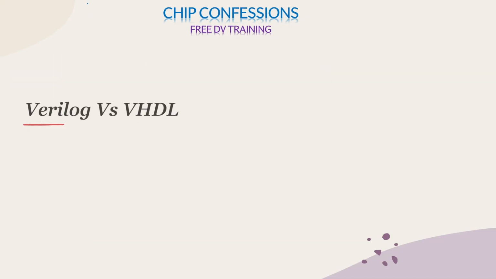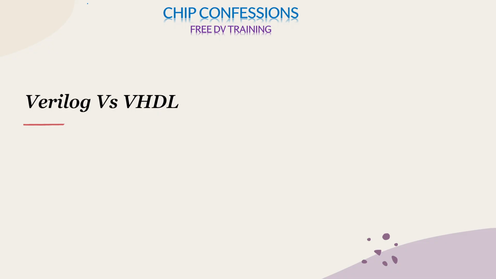Okay, then we are seeing the difference between Verilog and VHDL. As we said, about 70% of the time we use Verilog because ASICs are more common, and even FPGAs can be programmed with Verilog.